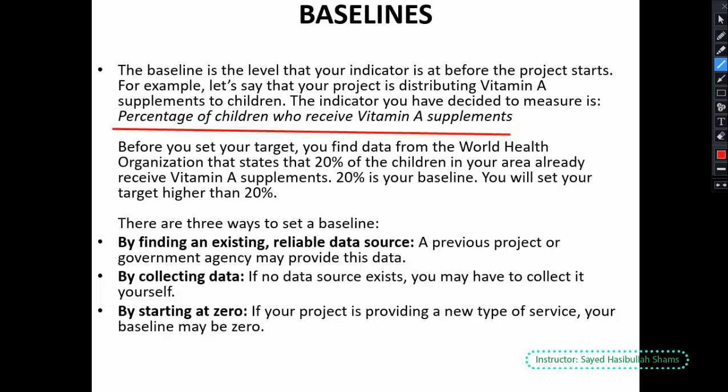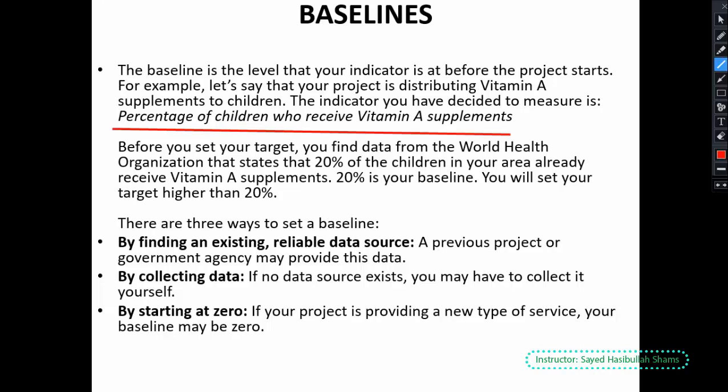For example, we set a target of 20%, or then we are informed by the health department that the WHO, World Health Organization, has already distributed vitamin A supplements to 20% of the children in that area. In this case, we must understand the baseline, and then we will set our final target.